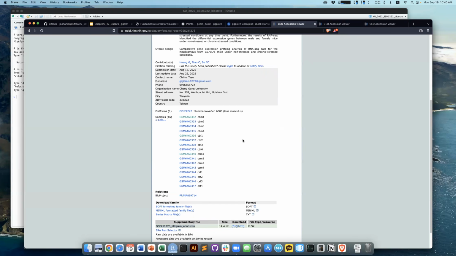So why do we have to understand this concept, this raw data access philosophy, for your biological research?